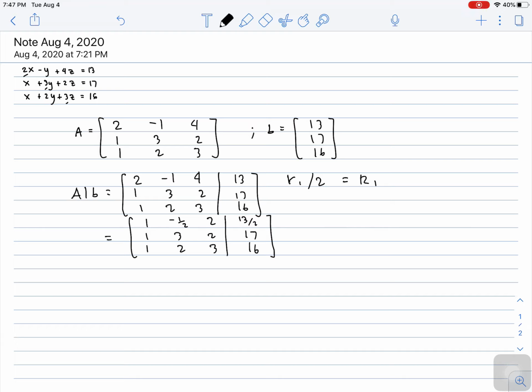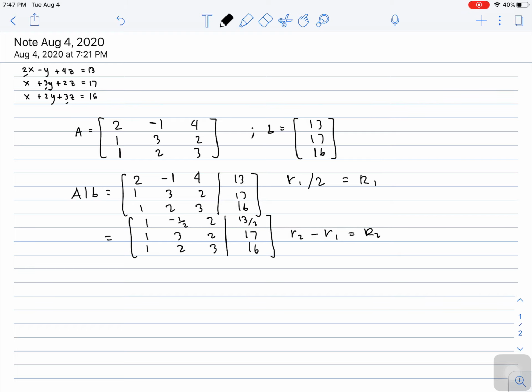Okay. So next, the entries below should become 0. Always start with the first column, then the second column, then the third column. So both entries below the pivot should become 0. To make them 0, R sub 2 minus the multiplier, which is 1, multiplied by the pivot row, which is R sub 1, is equal to the new R sub 2.